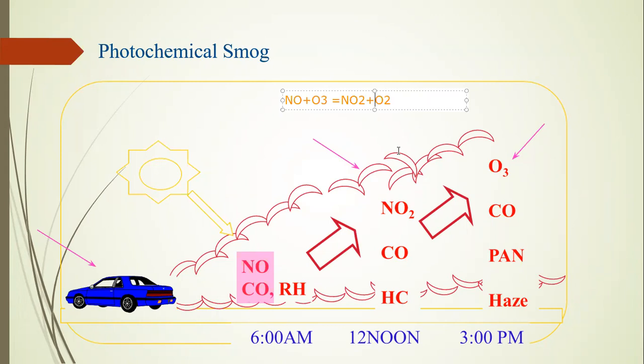Many nitrogen, carbon, and sulfur compounds available in the atmosphere are rejected from vehicles, and day by day they use the oxygen from the ozone layer and produce O2, but the ozone layer makes a hole or its thickness goes down, so that ultraviolet rays directly enter our atmosphere.